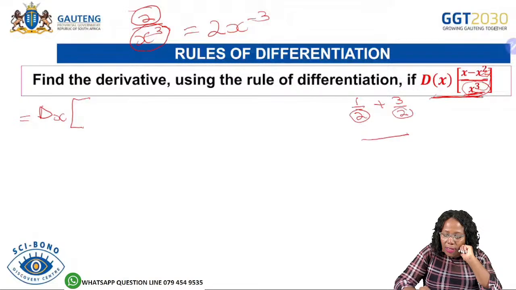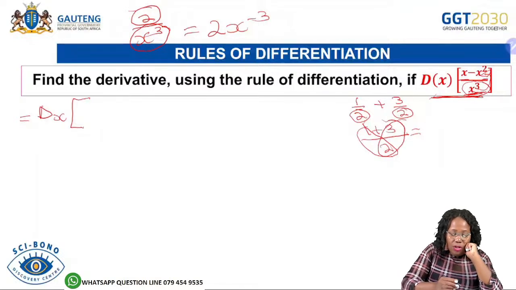I will look at my LCM, it is the same, it is 2. Then if LCM is the same, you can just add the numerators there. Can you see that? Then now, initially this was 1 over 2 and 3 over 2.